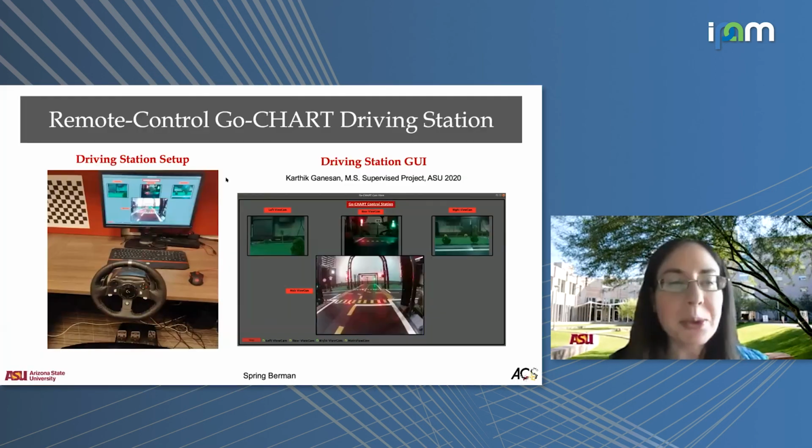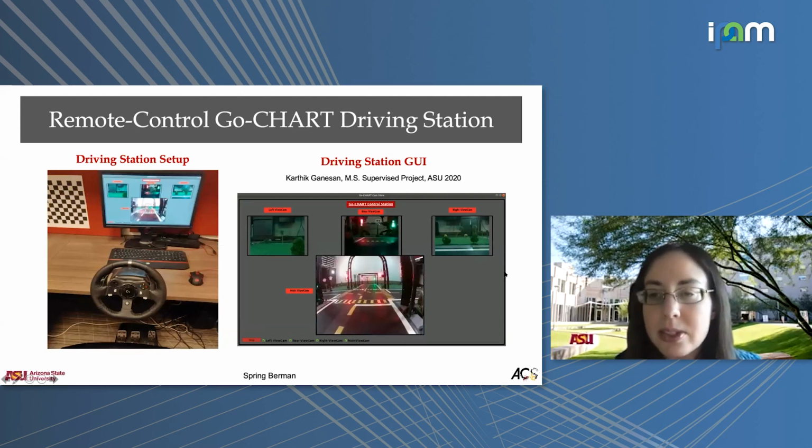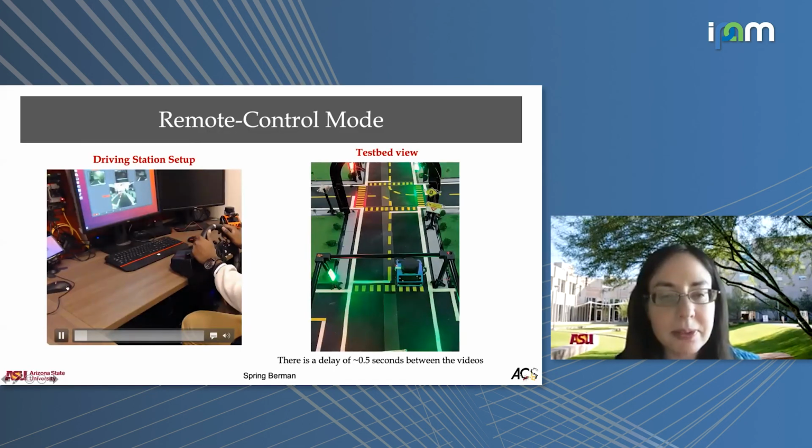So here's what the driving station setup looks like. You see there's a GUI here with views from all 4 cameras. All 4 cameras are streaming video that the remote driver can view. And they can also steer and use the pedals. So this video is showing that.